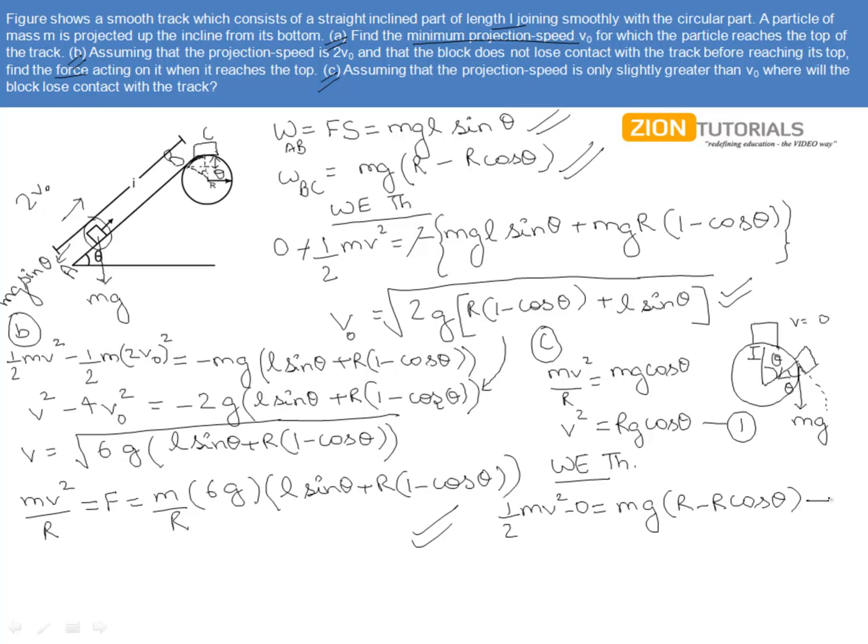Marking it as equation number 2 and equating v squared from equation 1 and equation 2, we get cos theta to be 2 by 3, giving us the required angle theta equal to cos inverse 2 by 3.